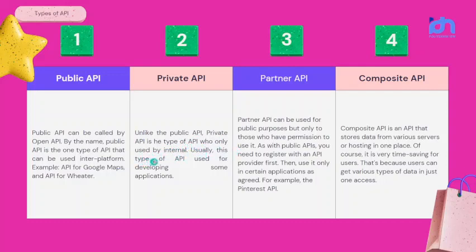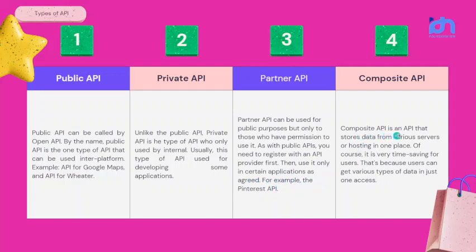Usually, this type of API is used for developing applications. A partner API can be used publicly, but only by those who have permission to use it. As with public API, you need to register with an API provider first, then use it only in certain applications as agreed, for example the printer's API.